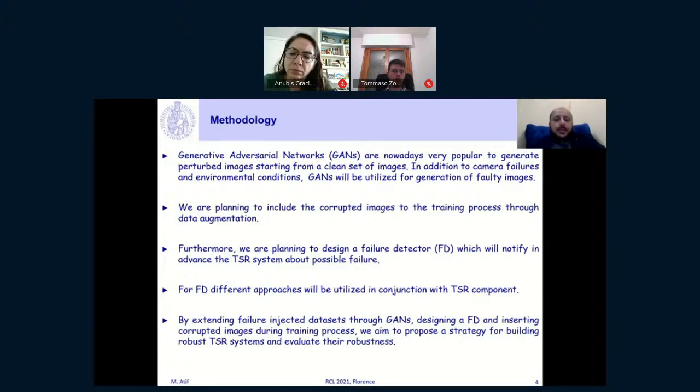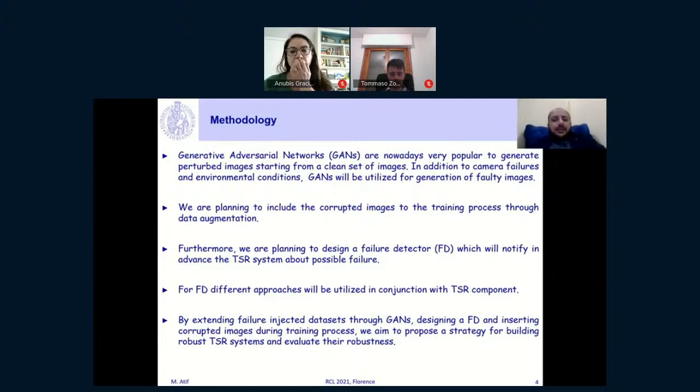Furthermore, we are also planning to design a failure detector which will work with the TSR system and will notify the TSR system in advance whether there is some failure in the captured images or not. For the failure detector, different approaches will be utilized in conjunction with the TSR component.